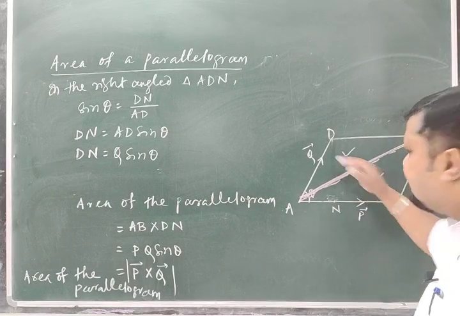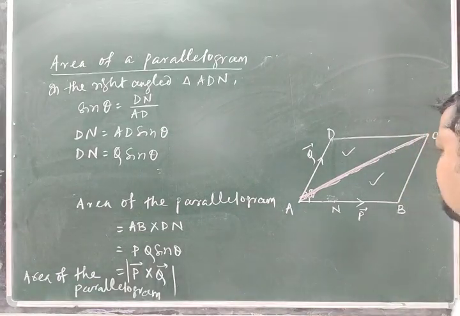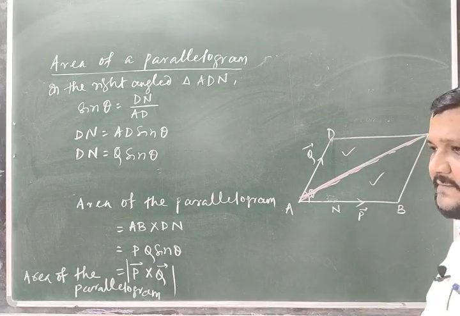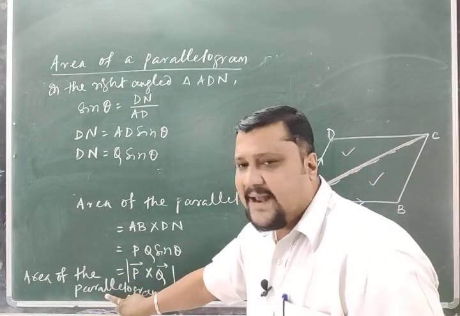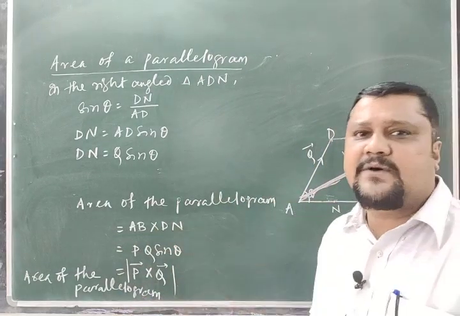The diagonal equally divides the parallelogram. Then if I ask you, what is the area of the triangle ABC? The area of the triangle ABC is equal to half of the area of the parallelogram.